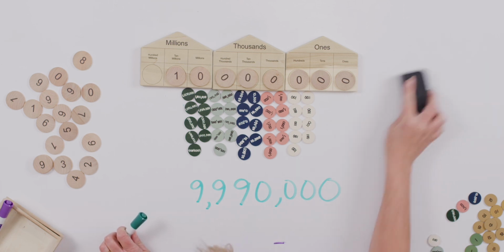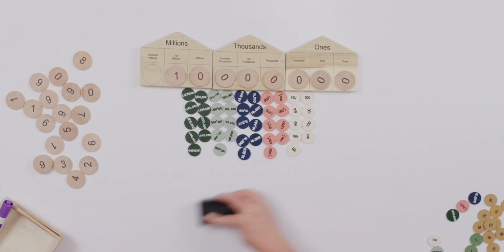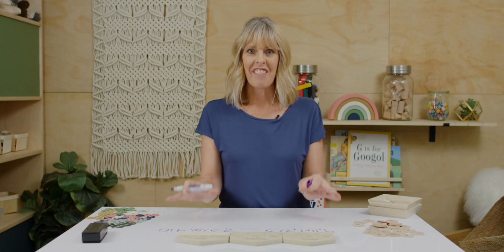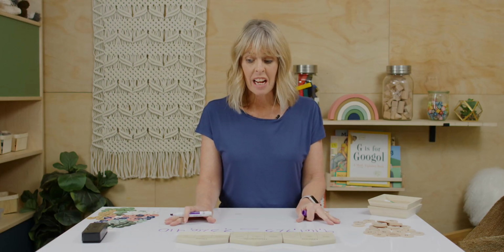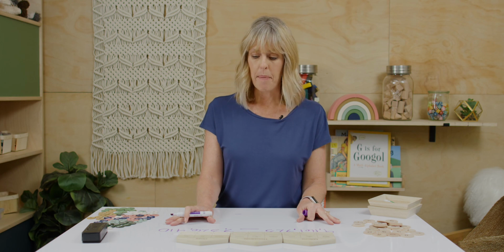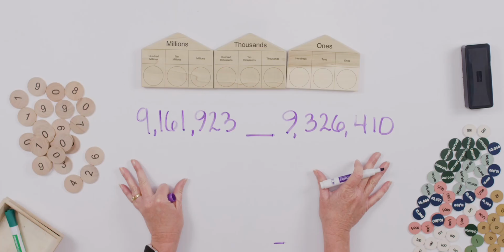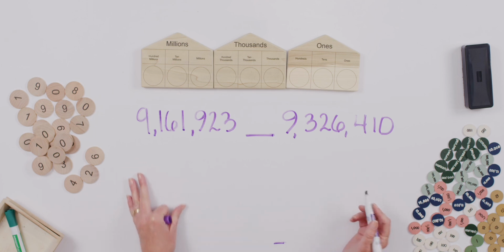One last problem. We're going to quickly talk about greater than and less than. I have given us two numbers here, and I am wondering if you could look at them and know which one might be greater than the other. Sometimes it's hard to figure out right away, so this is a great technique to use.